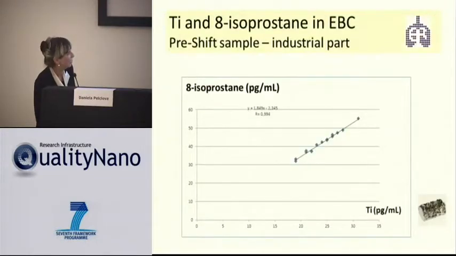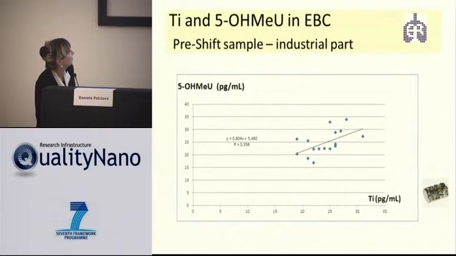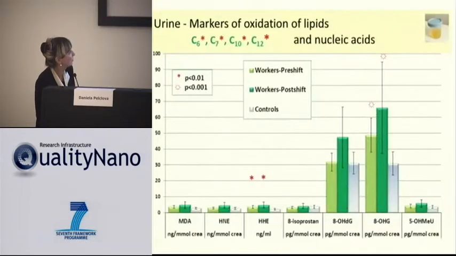There were several correlations of titanium in the exhaled breath condensate with isoprostane or hydroxymethyl uracil and many other markers that I don't show here. The workers from this research plant had levels somewhere here, but they were omitted because it's much lower than the other part of the subjects.